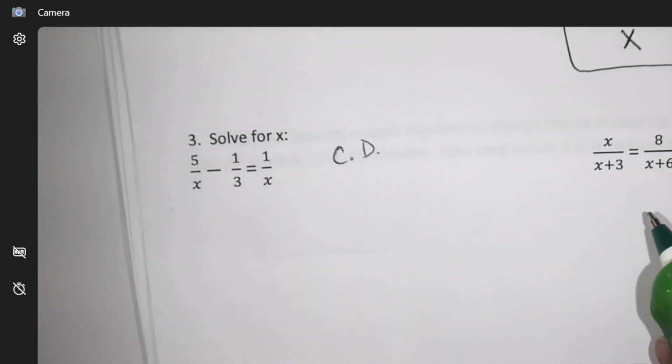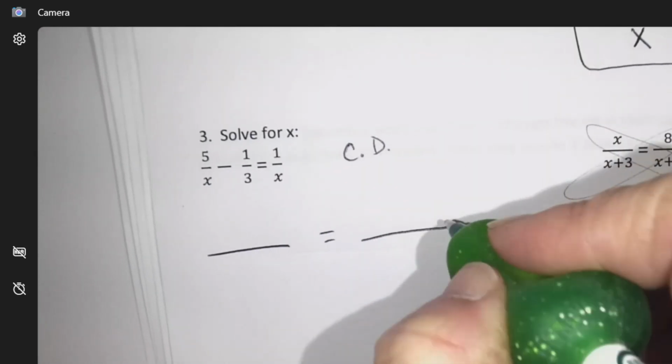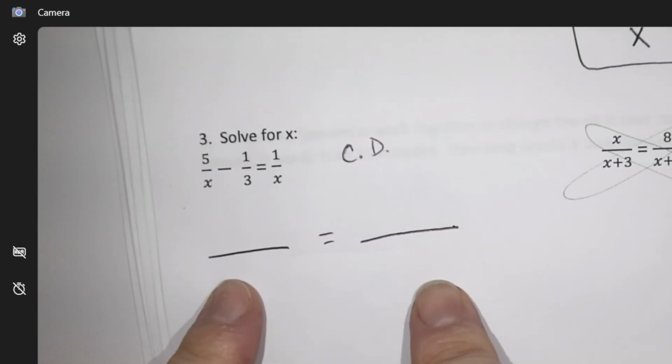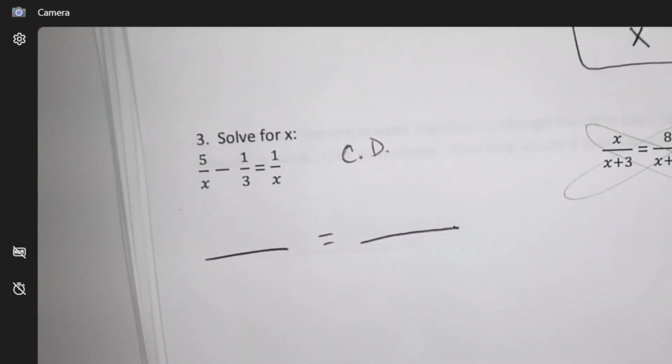And then this one is a cross multiply because it's 1 fraction equal 1 fraction. You can do that. Okay, so solving this equation with a common denominator, you have 1 fraction on each side, and you have to pick a denominator that would work for everything you see.